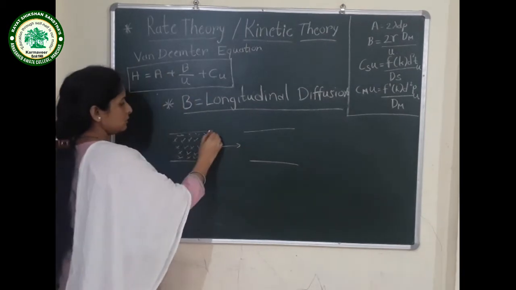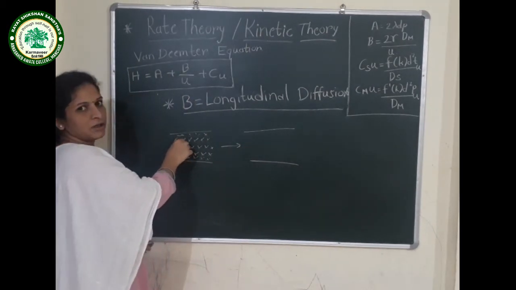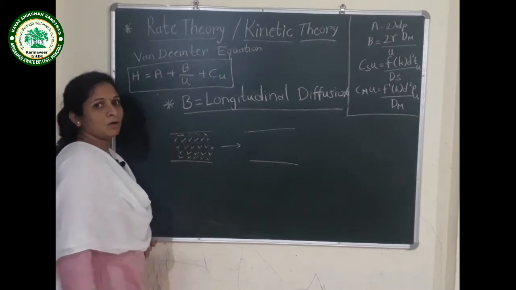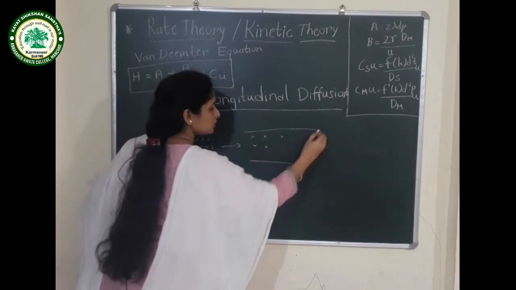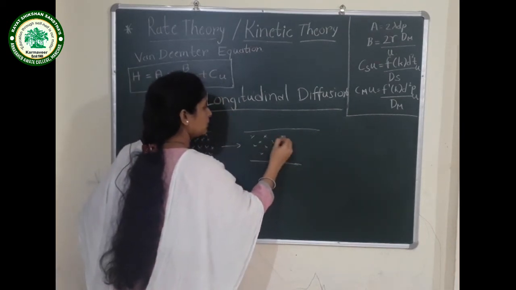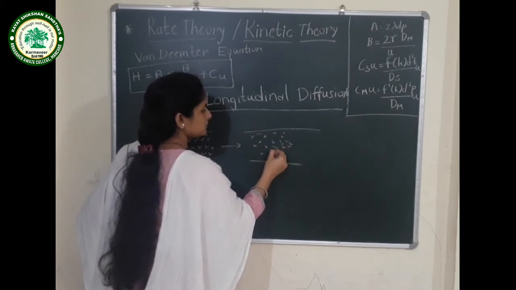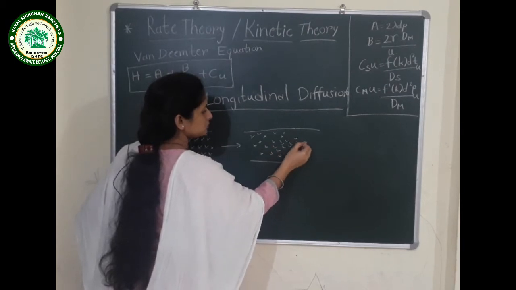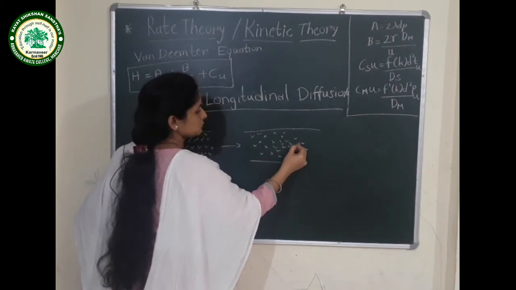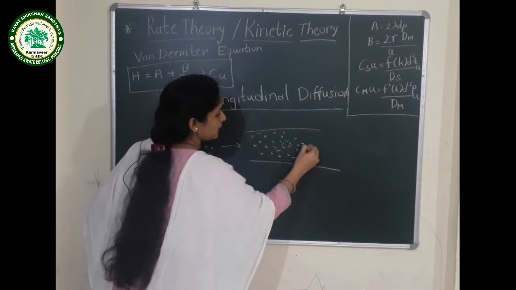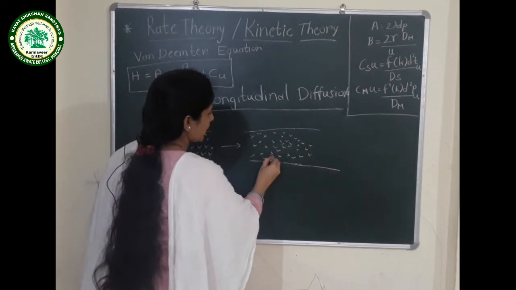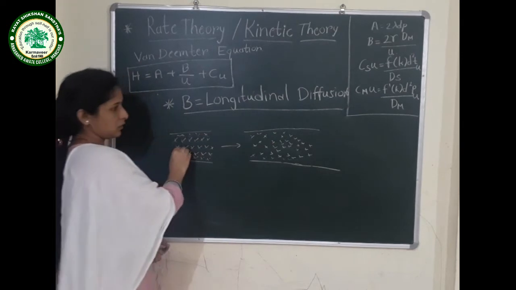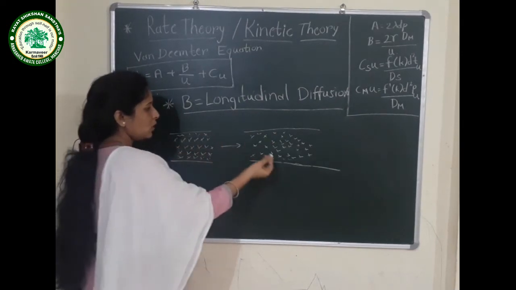Due to the diffusion, this is the higher concentration, it will travel towards the lower concentration, and after the diffusion it will look like this. Okay, now see in this diffusion what you can see. From the higher concentration, the diffusion takes place to the lower concentration.